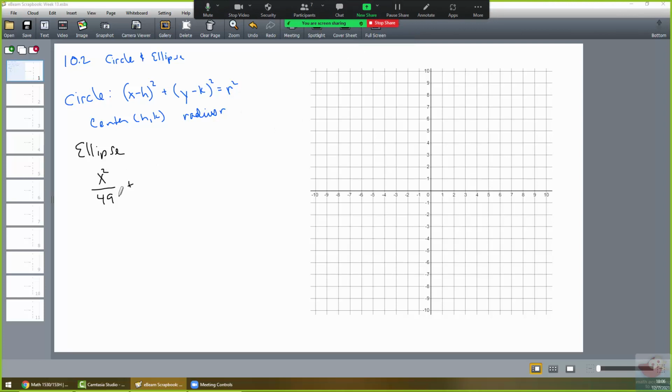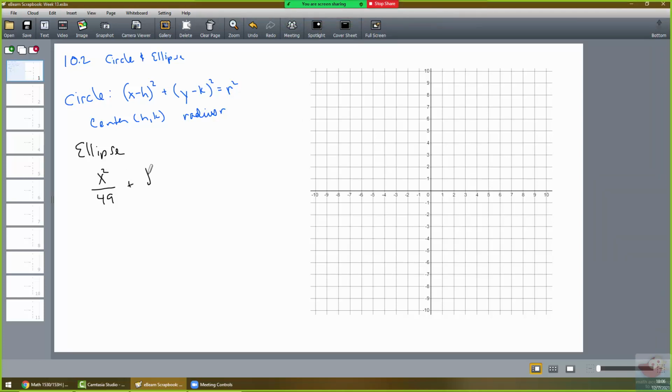Suppose we had the equation x squared over 49 plus y squared over 16 equals 1. Now, that's an equation of an ellipse. As far as what it's saying, we'll dive into that. I just want to have this discussion based on a picture.